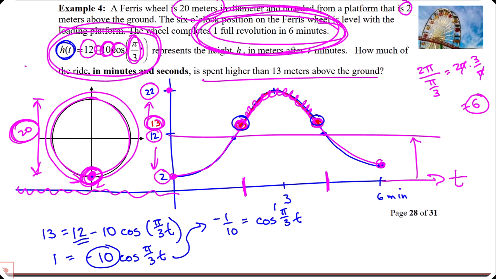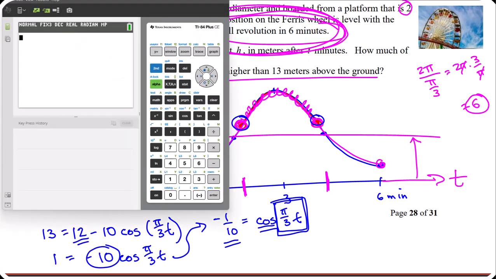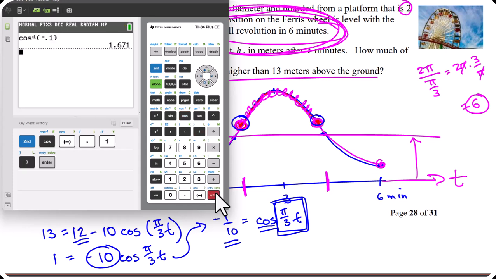Now if I treat this box as the angle, I'm looking for an angle, the box, that has a cosine value of negative 1/10. So like I did before, if I'm looking for the angle, it's inverse or second cosine of negative 0.1, enter. And that's this first time right here, 1.671.